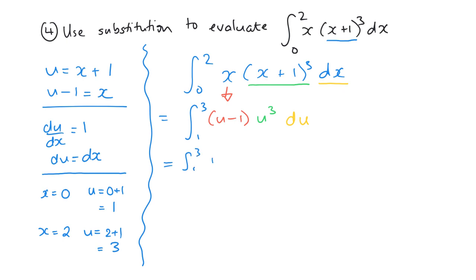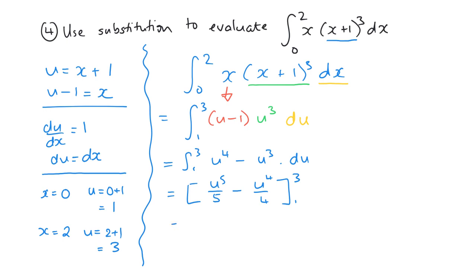So multiply out our bracket, so that's u to the 4 minus u cubed, and then integrate. So that's add 1 to the index, divide by the new index, add 1 to the index, divide by the new index. Now the good thing about these questions with limits is that we've changed our limits into u, so we don't have to worry about putting it back into x and then putting in the x limits.